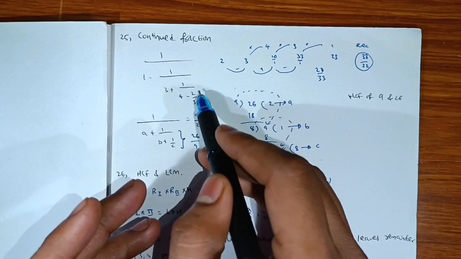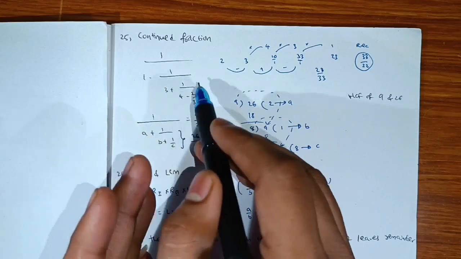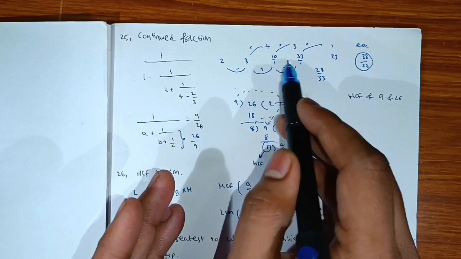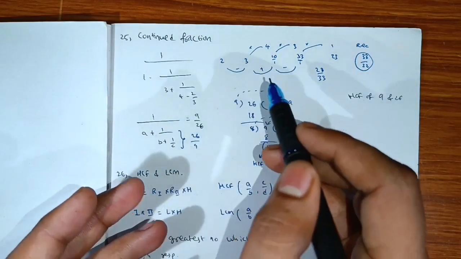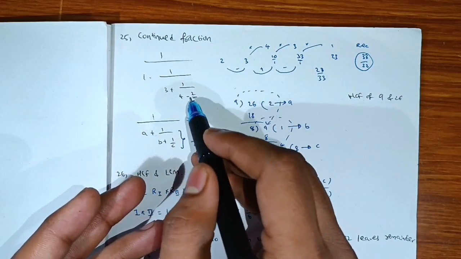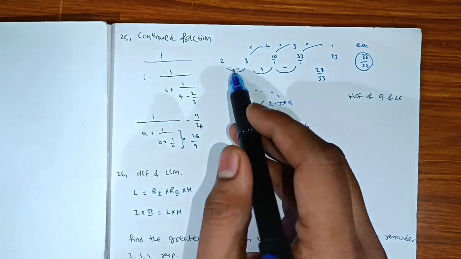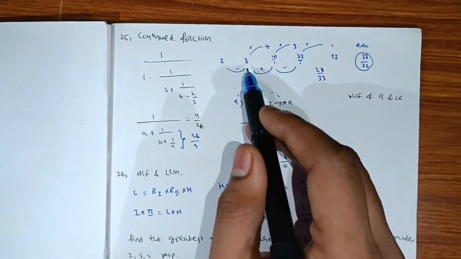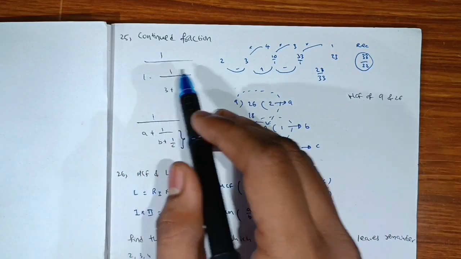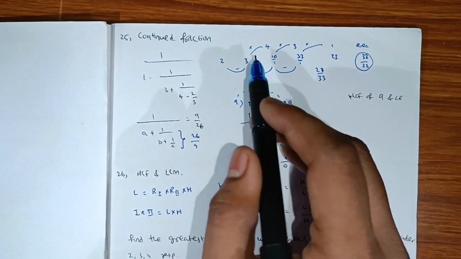Again, if any values are above this value, you need to divide with this, and add or subtract accordingly. Here it will be the minus, so we need to perform the subtraction. Here it will be the plus sign, you need to perform the addition. Again here it will be the minus, you need to perform the subtraction.